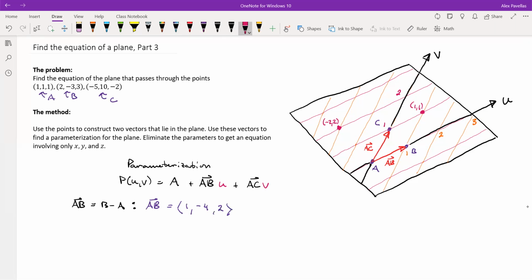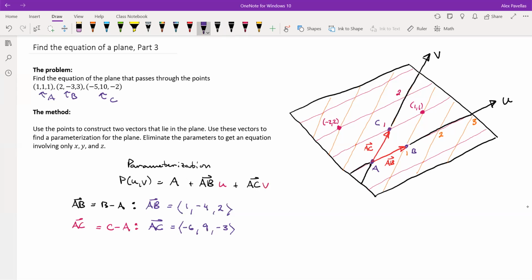And then the vector AC will be point C minus point A. And so the vector AC will be equal to, let's see here, -5 minus 1. So that would be -6. 10 minus 1, that would be 9. And then -2 minus 1 would be -3.